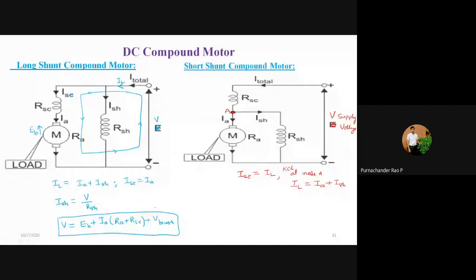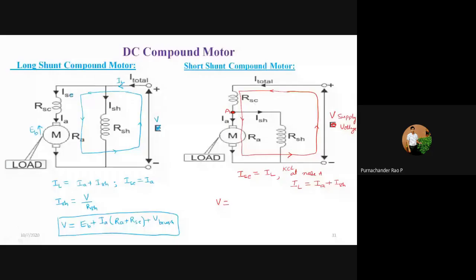We need to write the KVL for this outer loop, this closed circuit, applying Kirchhoff's voltage law. Therefore the terminal voltage V is equal to, and in the motor there is a back EMF EB.